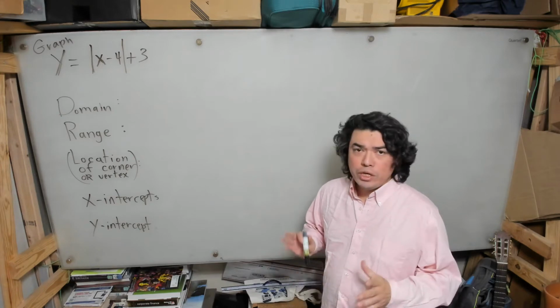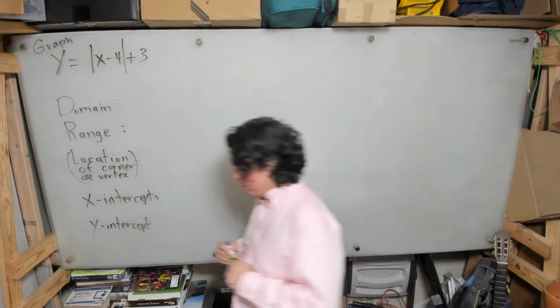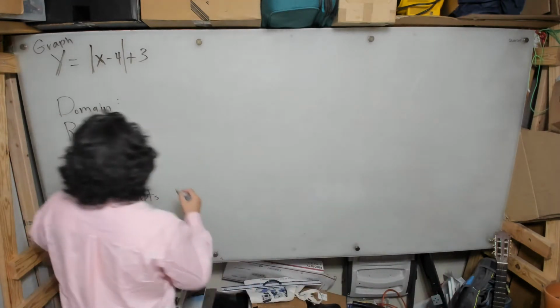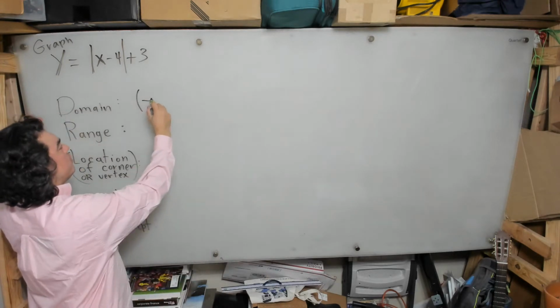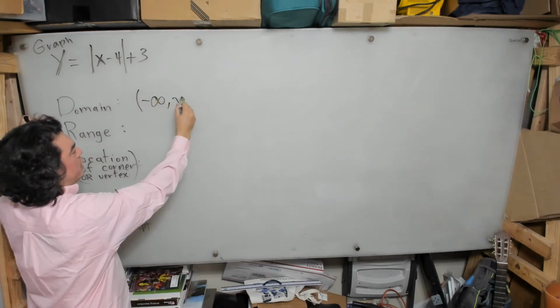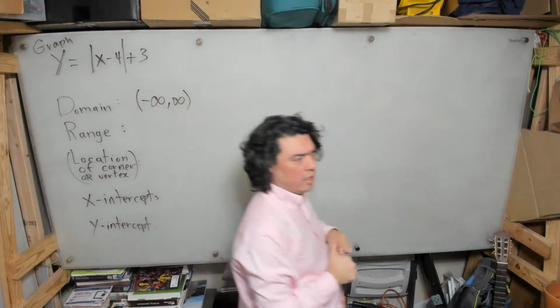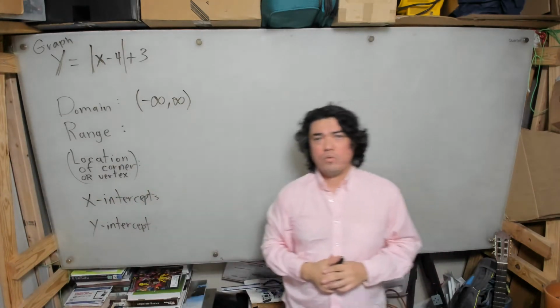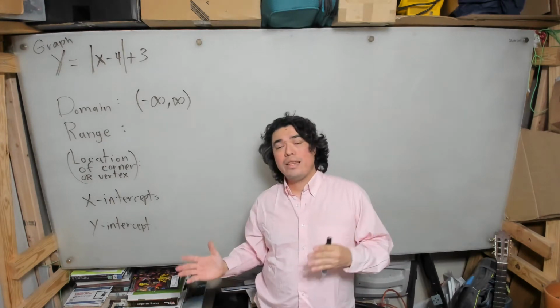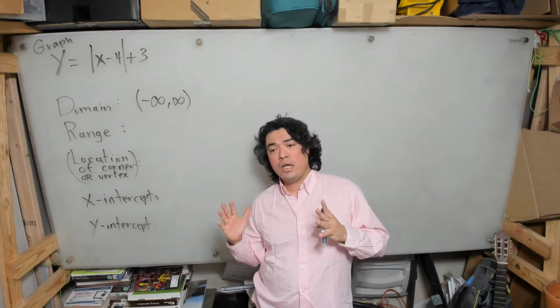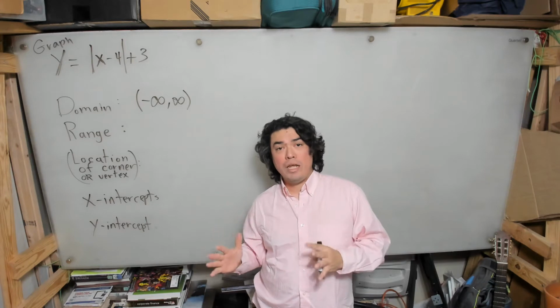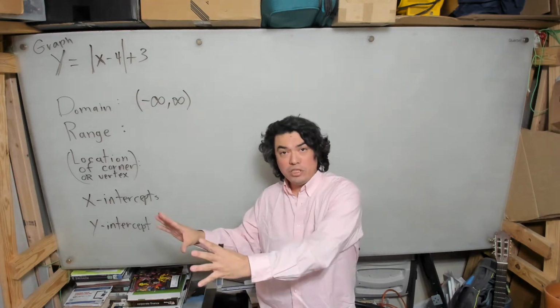So the first thing we need to know is the domain. Luckily for us, the domain for absolute value equations is very easy. The domain is negative infinity to infinity. Now again, it goes without saying that in the event that your function represents something practical, there may be limits on the domain imposed by the physical situation.